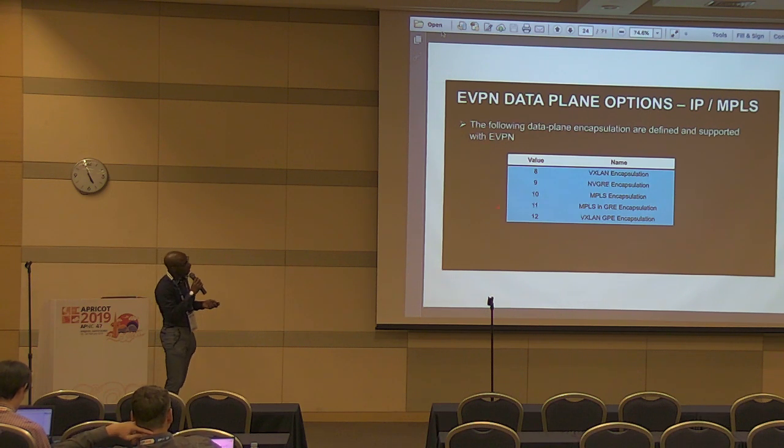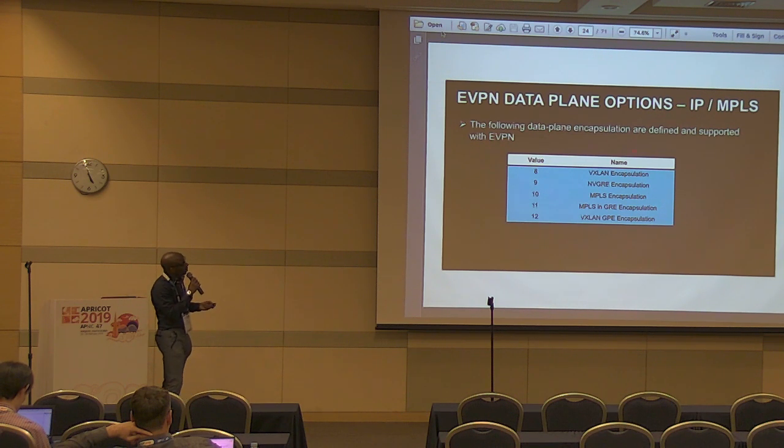First is the VXLAN encapsulation, which we're talking about today. The NVGRE encapsulation is also supported. These two sit on vanilla IP transport.